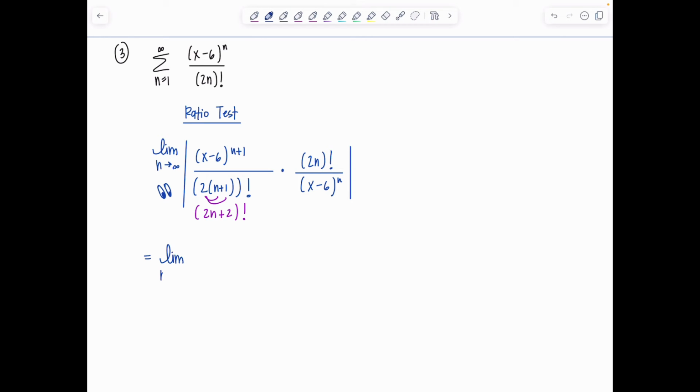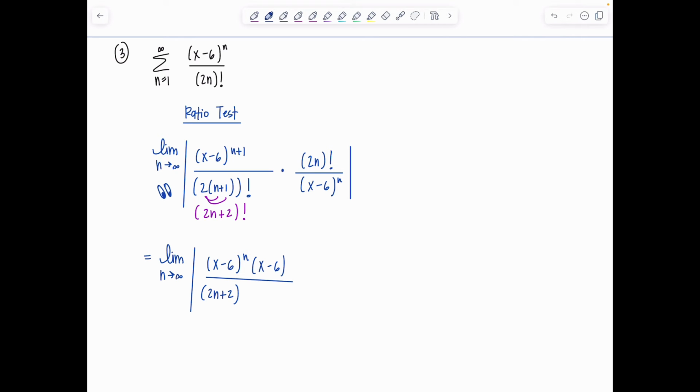So we have the limit as n goes to infinity, absolute value. This is x minus 6 to the n times x minus 6 over. Now what I'm going to do is start breaking down this factorial until I hit 2n so that it'll cancel with the other factorial. So I'm going to pluck off 2n plus 2.